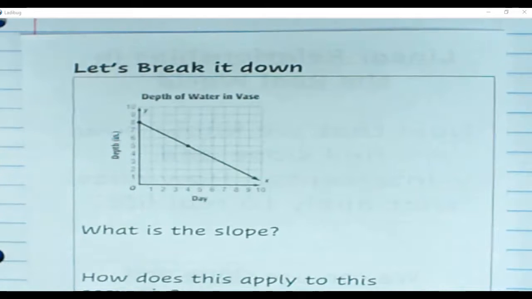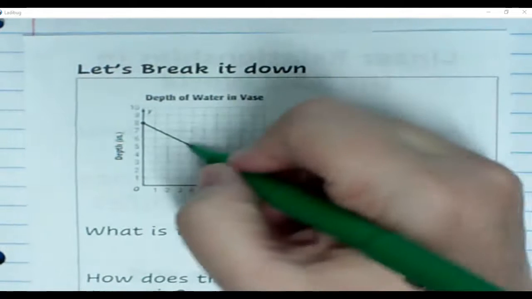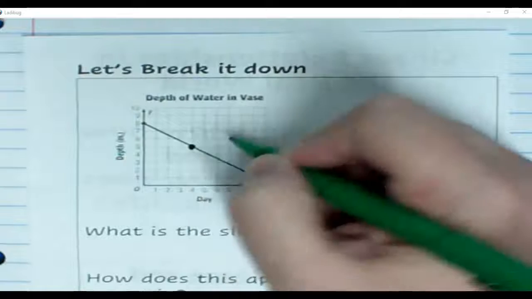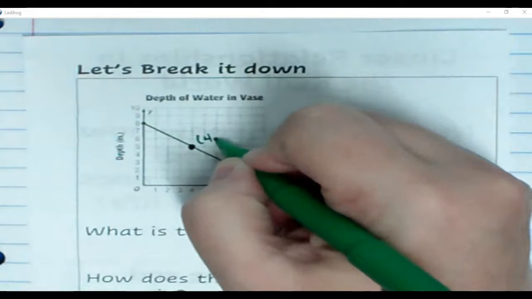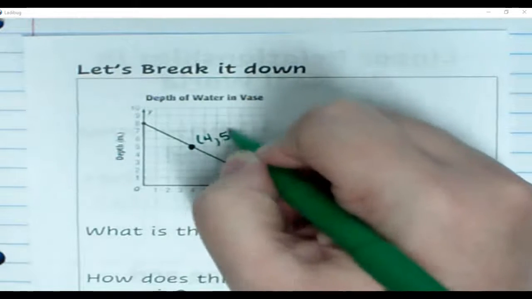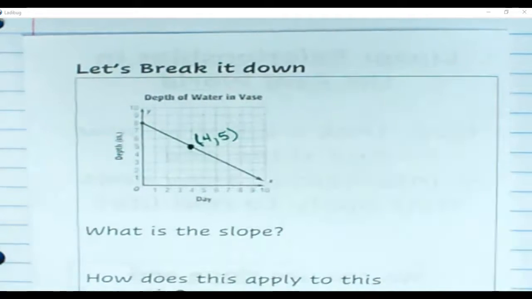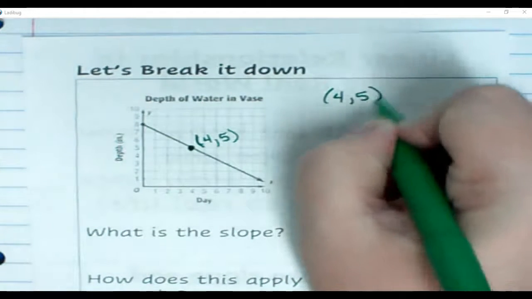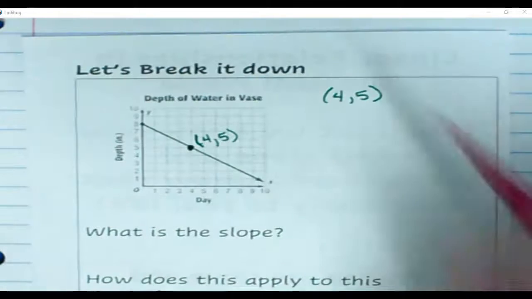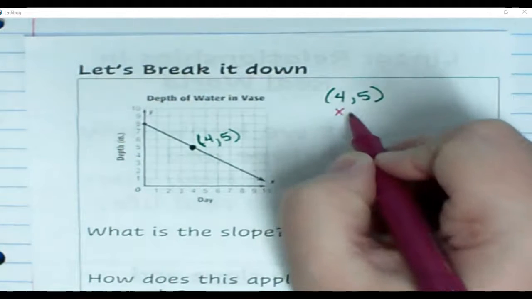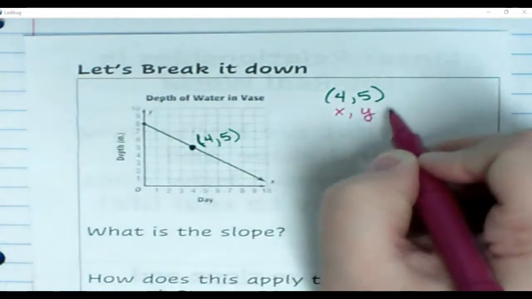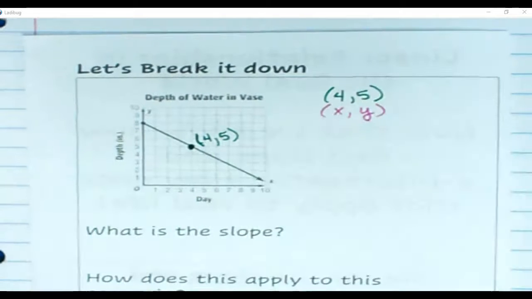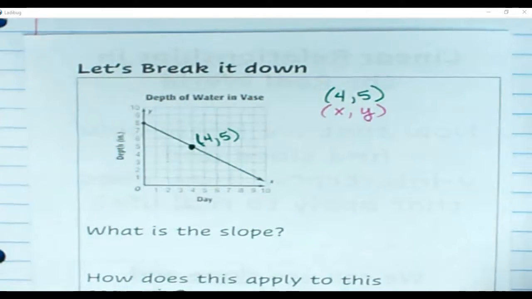So when I look at this first point they gave us, the ordered pair being 4, 5, I need to think, well, what does that really mean? If I have my ordered pair, I'm going to write it over here. 4 we know represents the x value. 5 represents the y value, because ordered pairs are always listed as x, y.